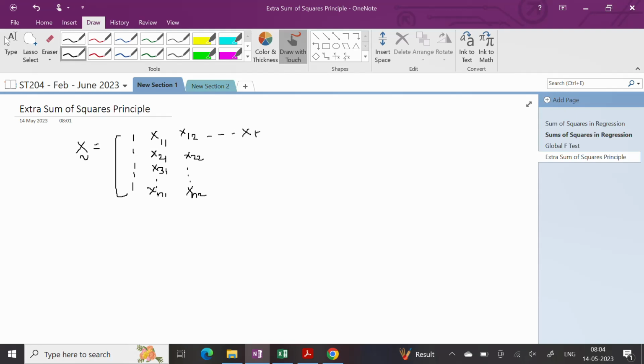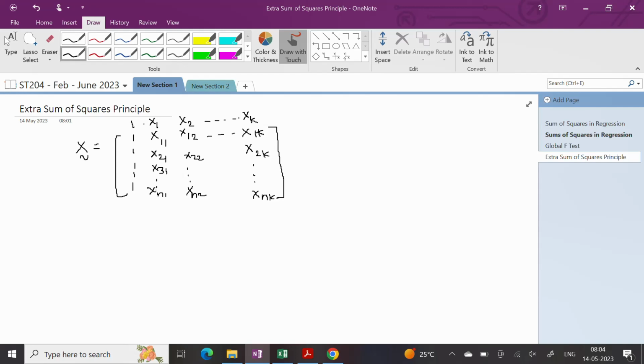Finally, I have x1k, x2k, xnk. This is my X matrix, right? We know that this corresponds to x1 as a regressor, this corresponds to x2 regressor, this corresponds to xk, and this is my intercept. Okay.